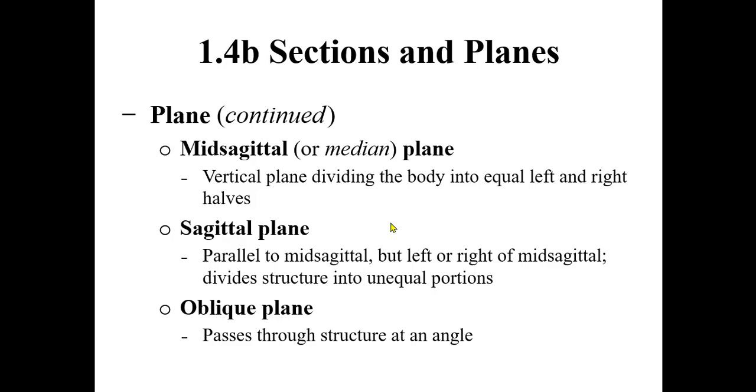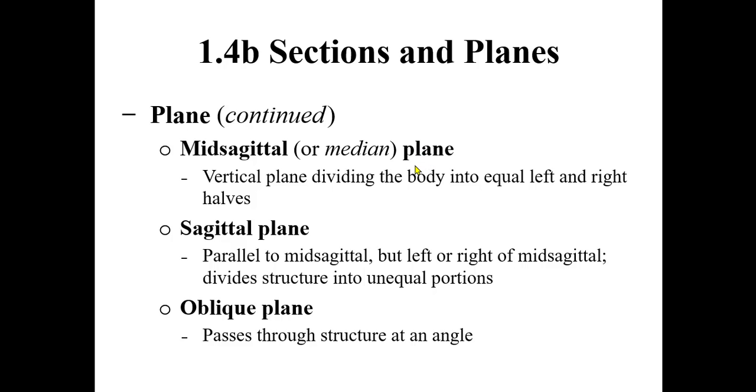Continuing, the next one we have is mid-sagittal. A mid-sagittal goes right down the midline of your body, right between the eyes, between the nose, all the way down. That gives you an equal left and right half. So it's called a mid-sagittal. Some people call it a median.